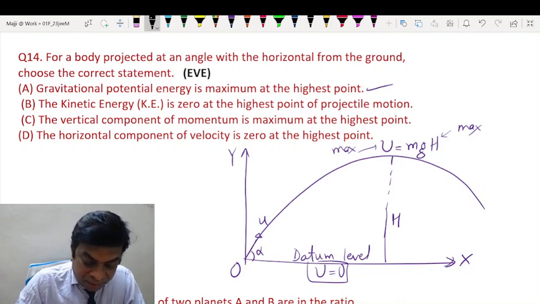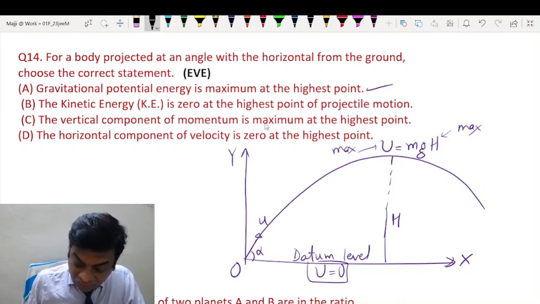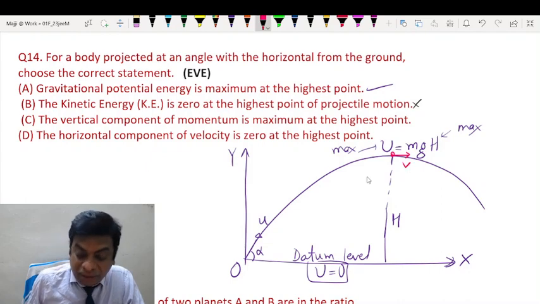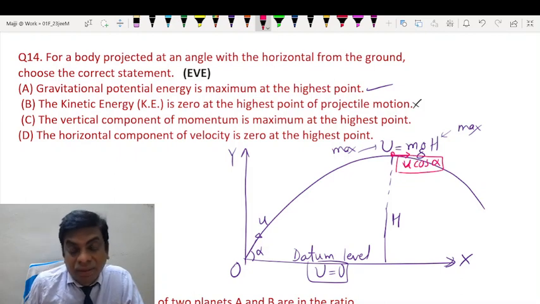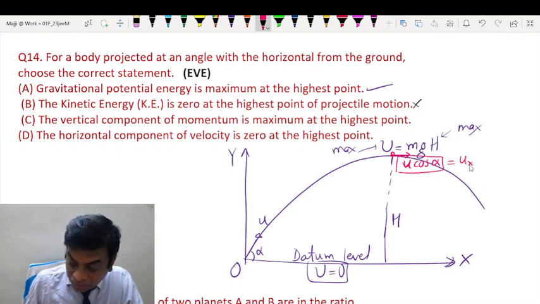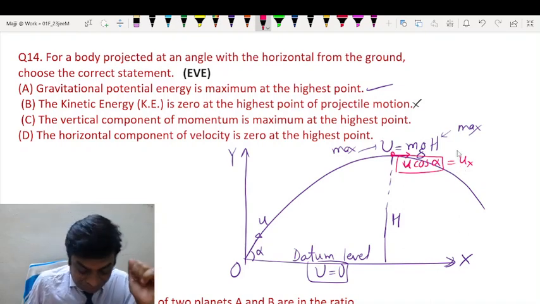Let us go through the other options as well. Option B: the kinetic energy is zero at the highest point. This is wrong, students, because at the highest point the projectile keeps moving with a certain speed, which is the horizontal component, u cos alpha. So kinetic energy is not zero. It does not come to rest.